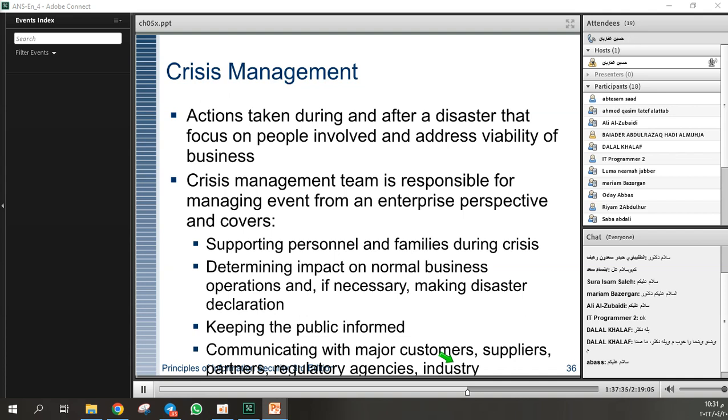A disaster happens, and a crisis happens because of that disaster, and we lost some of our valuable assets, some of our people. For example, if I lost a laptop, a computer, I can buy it in the future. It's not important. But if I lost, for example, a professor, it's not easy to replace a professor.